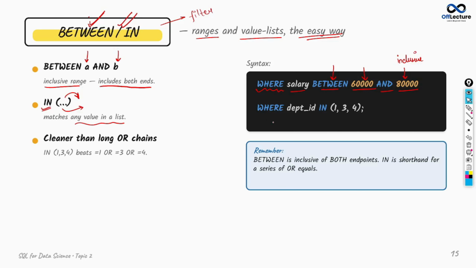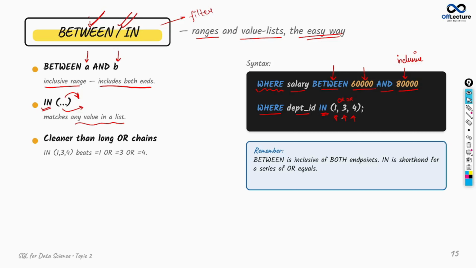And suppose you write the IN clause, where department ID IN, and in the parentheses you write 1, 3 and 4. It means that you will get your output for any of these three department IDs. So this is nothing but the OR statement. IN is a kind of OR statement.